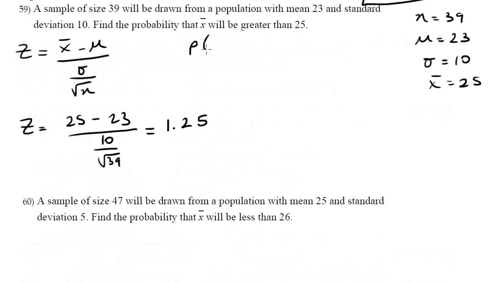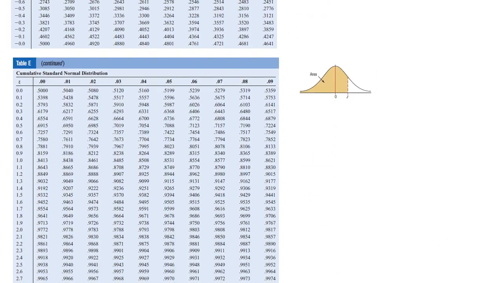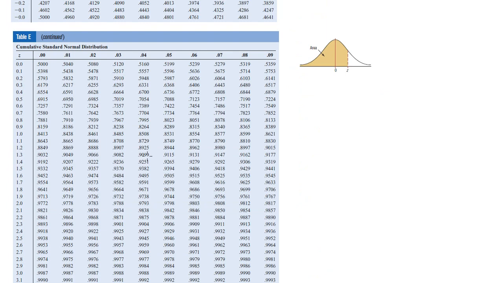So I want the probability that x bar is greater than 25, which is the same as the probability that z is greater than 1.25. So that's going to be 1 minus something, right? Let's look at 1.25 again. 1.25, 0.8944.